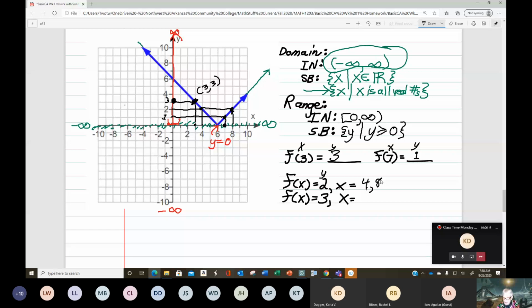Wow. So in my math lab, you would put 4, 8 in the answer box. And that's how you would answer that question. It's kind of weird. I forgot I had set it up that way.